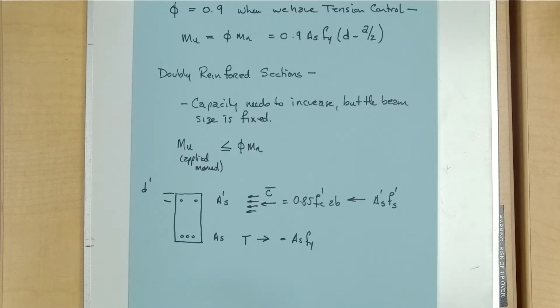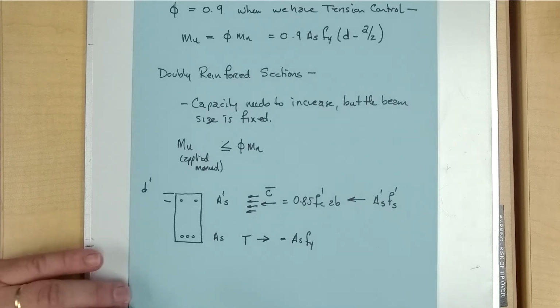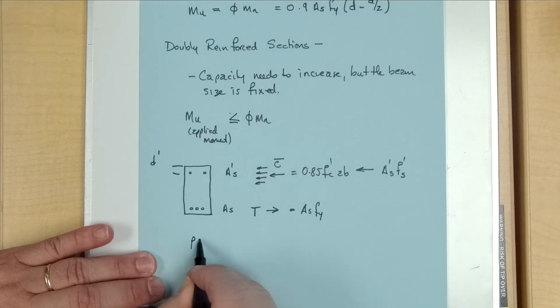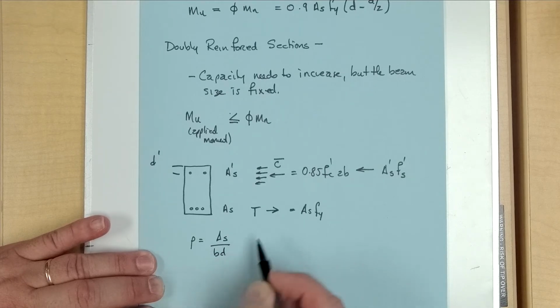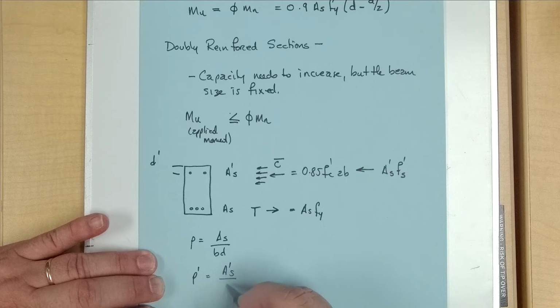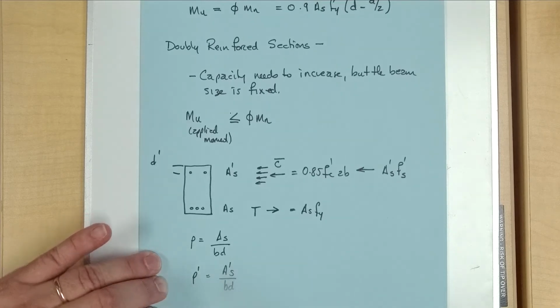We have a few things we need to calculate. Rho is equal to A sub s over b d. Rho prime is equal to A prime sub s over b d.